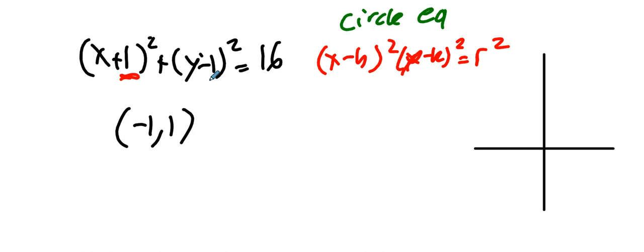Now, let's move it over. This is going to be it. And our radius is going to be 4. It's going to have a length of 4 units. So let's plot it. For example, let's go up 1, 2, 3, 4, 5 units.